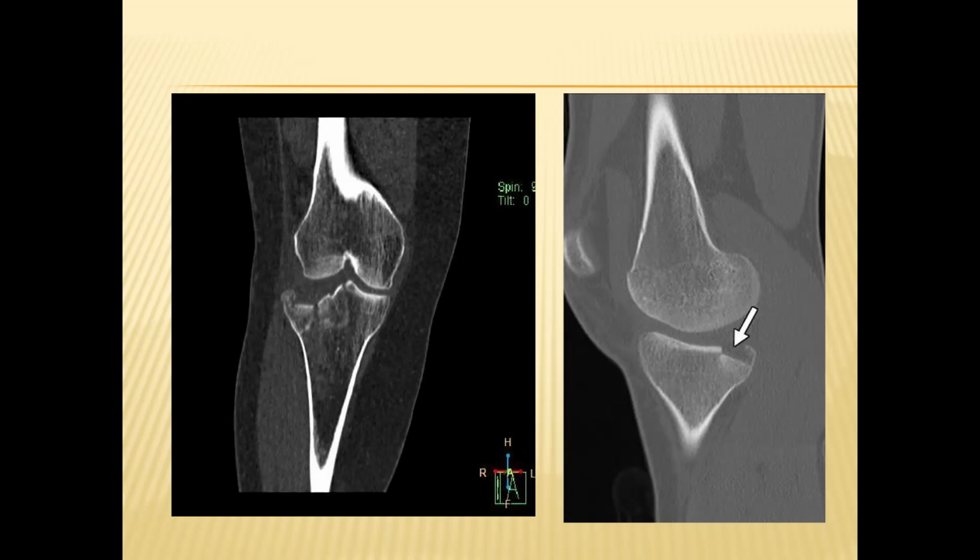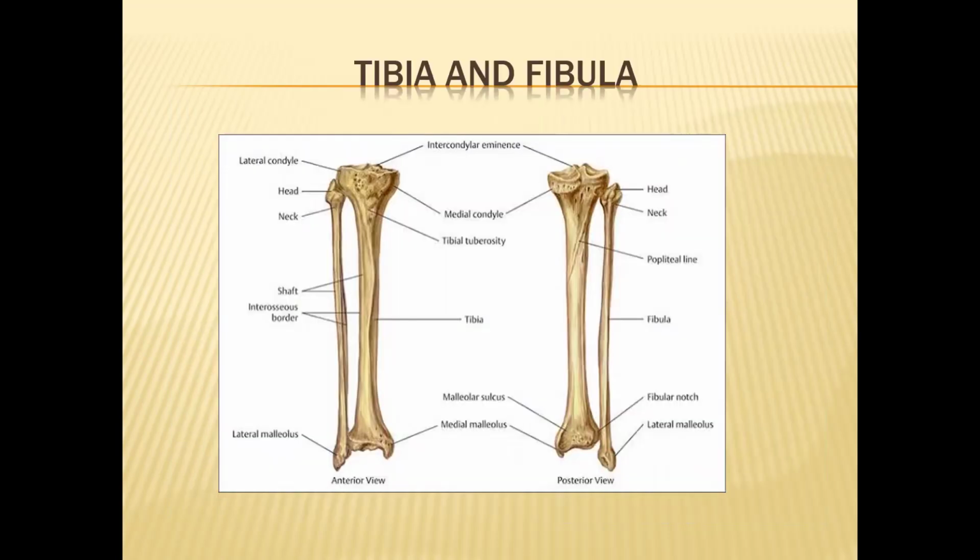So this is the anatomy of the tibia and fibula. As we see, the most proximal part is the tibial plateau, then the shaft of the tibia, and the distal part of the tibia, which has the lateral malleolus and medial malleolus.